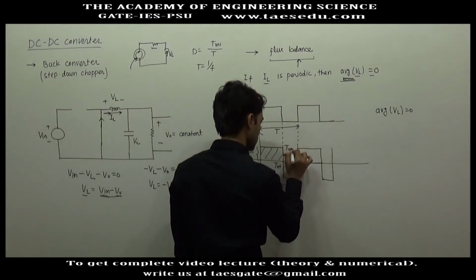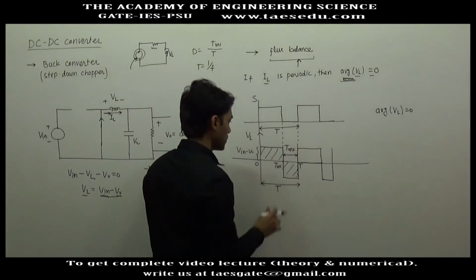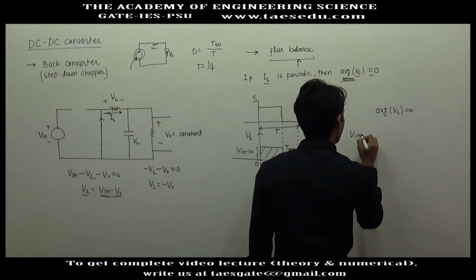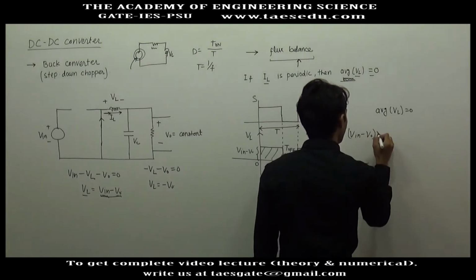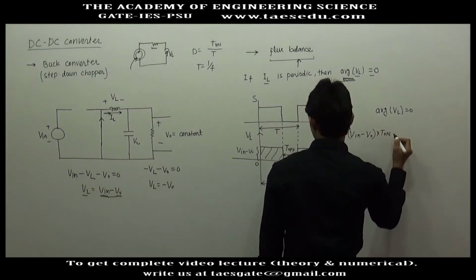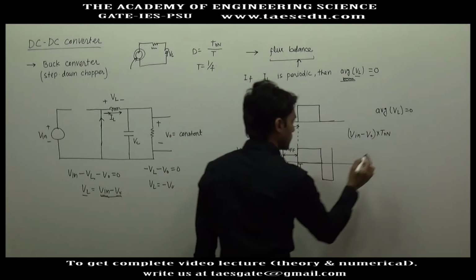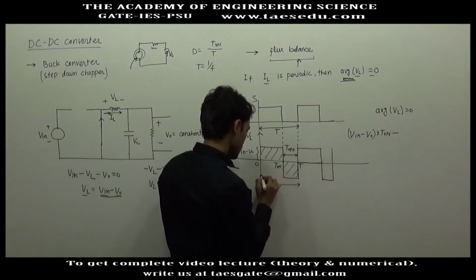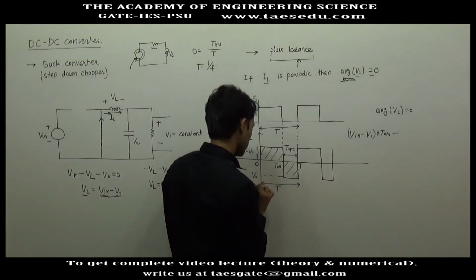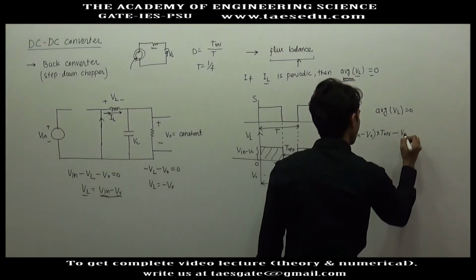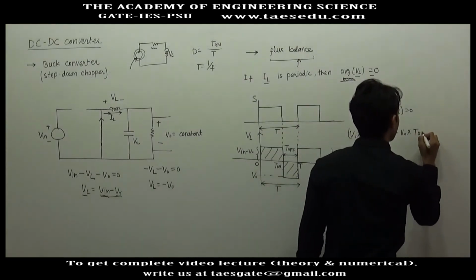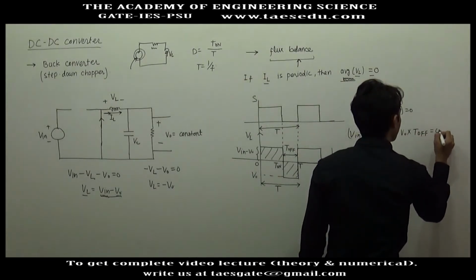So what is this area? Height is V input minus V naught into T on, minus, here it is giving negative area, this height is V naught into this duration T off.